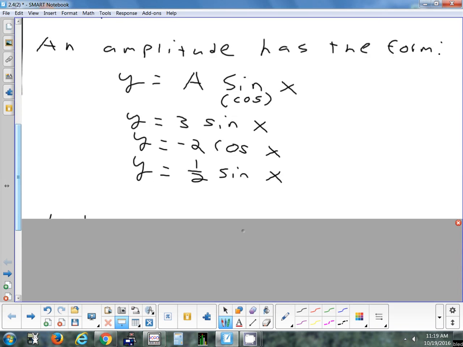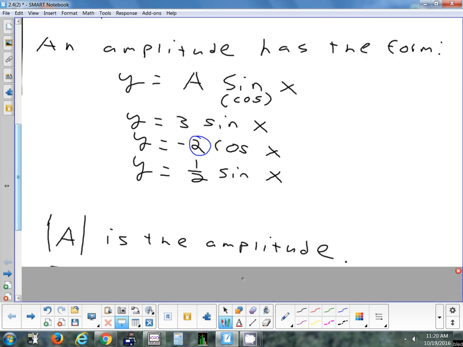Now, this negative in front of that 2, it has nothing to do with the amplitude. It does have to do with the sketch. The only thing that affects the amplitude is that number right there. So whether I put a positive 2 or a negative 2, that doesn't affect the amplitude. The negative only affects the picture.